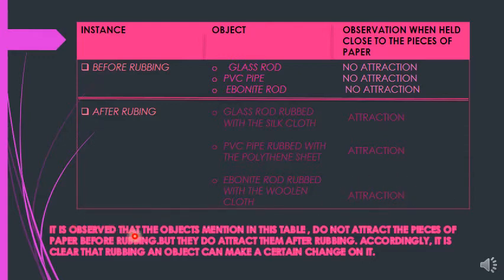It is observed that the objects mentioned in this table don't attract the pieces of paper before rubbing, but they do attract them after rubbing. Accordingly, it is clear that rubbing an object can make a certain change on it.